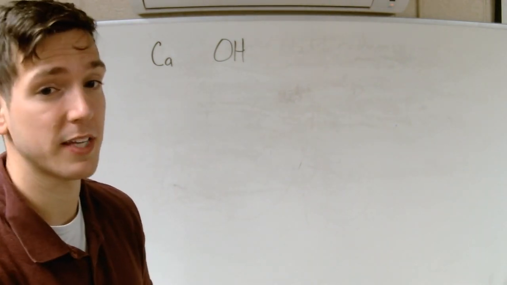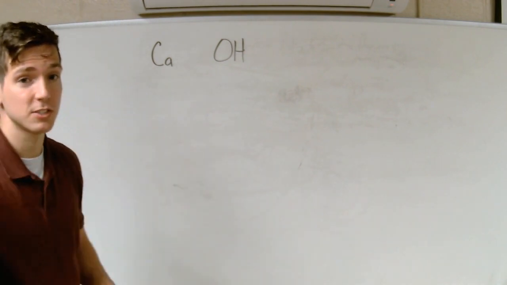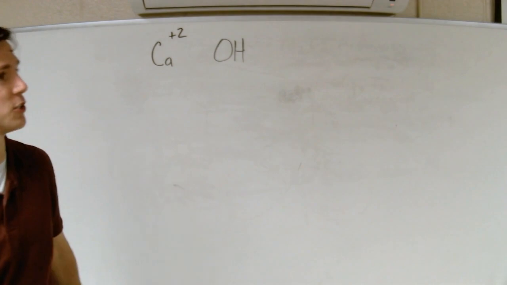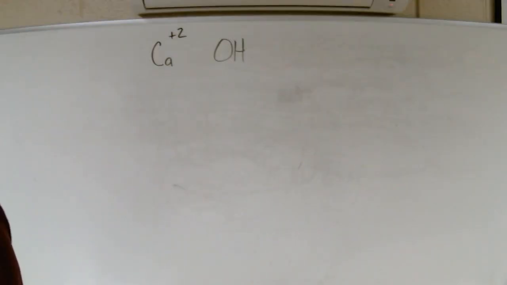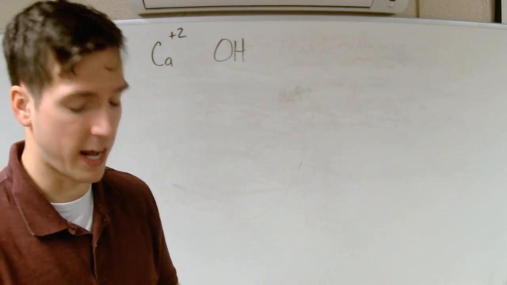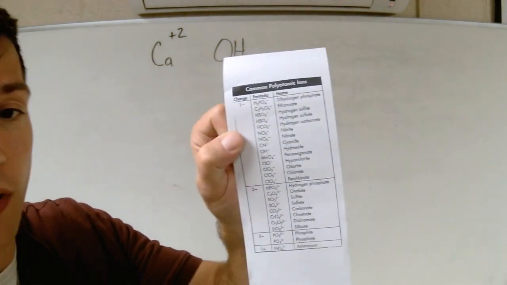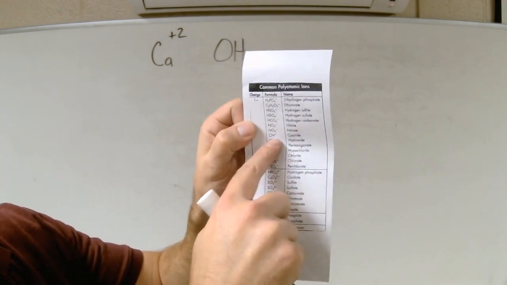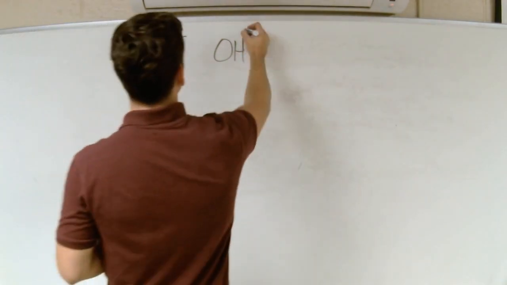We go to the periodic table and see it is in the +2 column, so it has a 2+ charge. OH is a combination of two different elements, oxygen and hydrogen. I look on the sheet for hydroxide. Hydroxide is OH-, and it has a -1 charge.